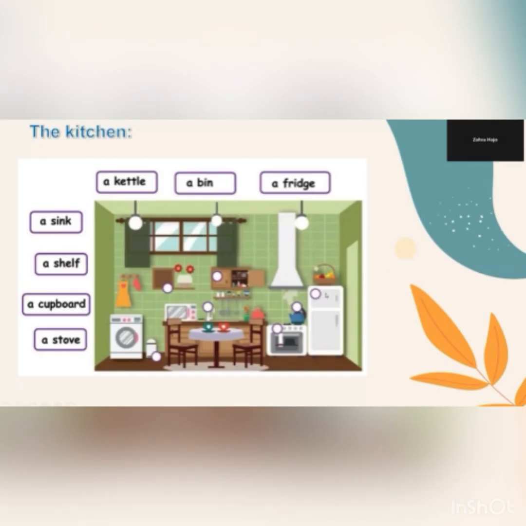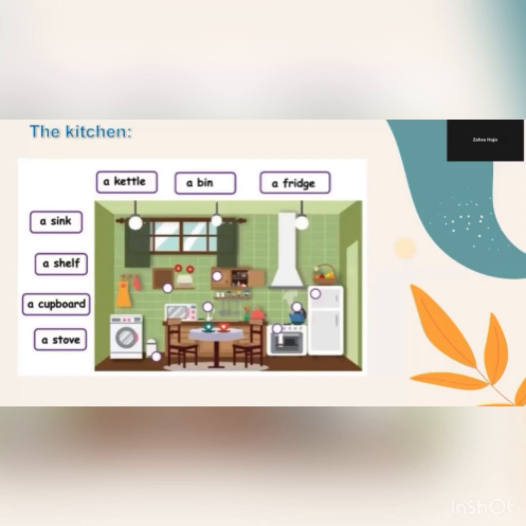Fridge is a cold place where we keep food fresh like milk, fruits, and vegetables. Kettle is a container used for boiling water or cooking food.